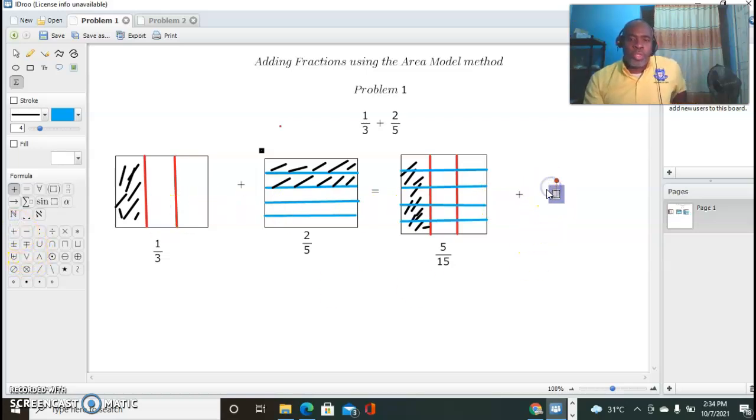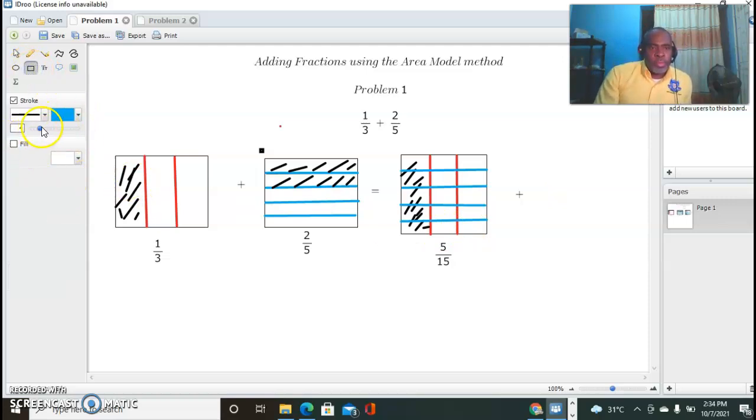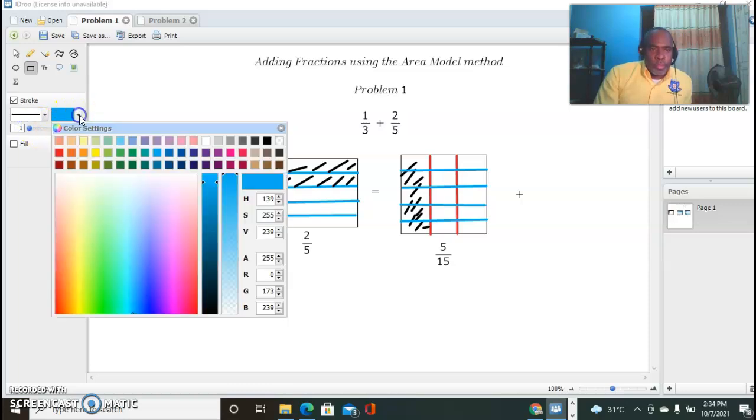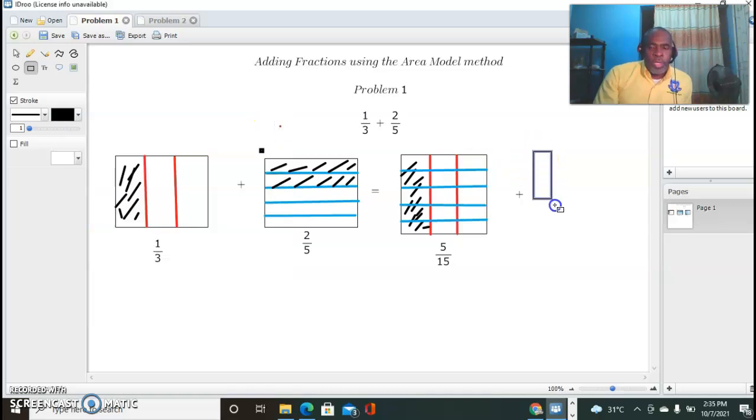And then we're going to draw another rectangle. There you are. So draw another rectangle again, right? This time I'm going to divide it into 5 parts using this pattern.